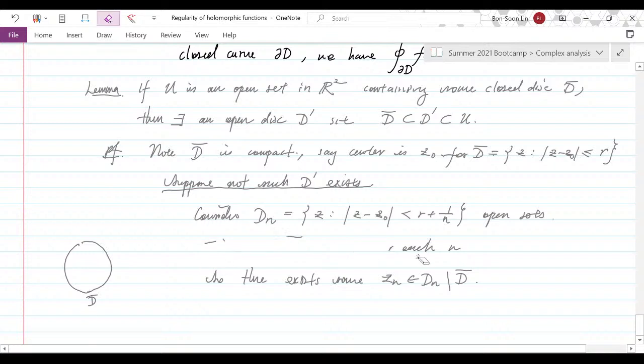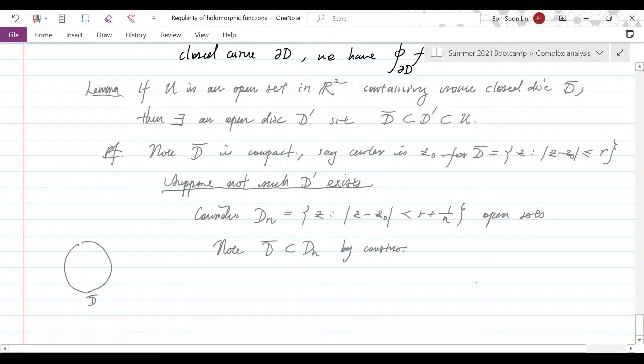Okay, so notice D bar is in Dn. That is for sure. This is by construction. So what will break is that Dn is not in U. So it must be that for each n, Dn is not in U. There we go.